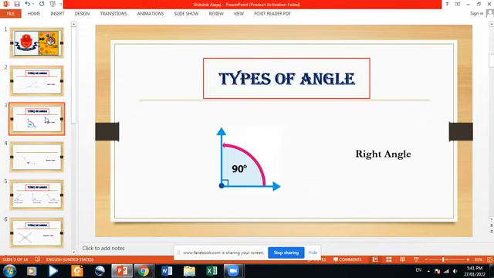As I told you, this is a right angle whose measurement is perfectly 90 degrees. In this angle, one ray is horizontal and another ray is vertical, and they make a 90-degree angle with each other. So this type of angle is known as a right angle.